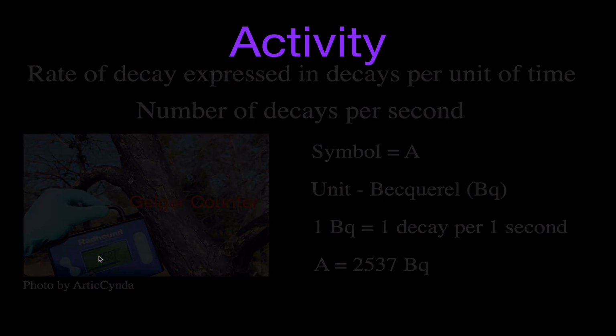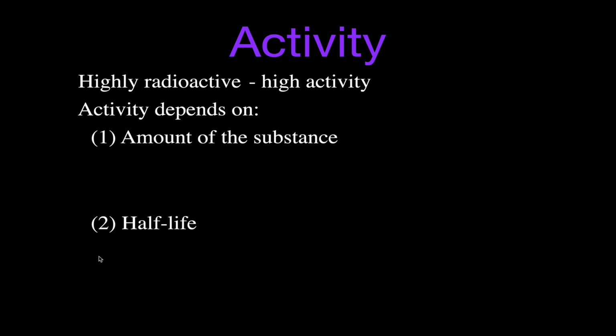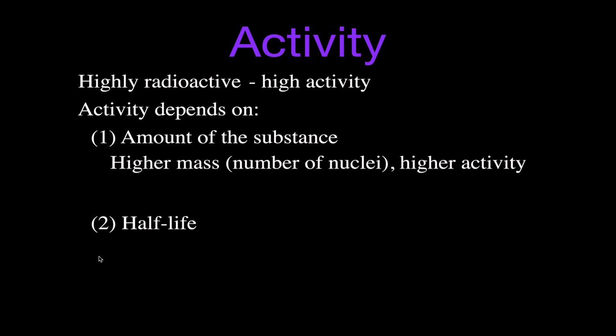You should notice that there are 2 things that the activity is dependent upon. If you have something that's highly radioactive, it has a high activity. The activity depends on the amount of substance and the half-life. For the amount of substance, the more mass you have, the greater the number of radioactive nuclei, so you're going to have a higher activity, because you just have more of that material.